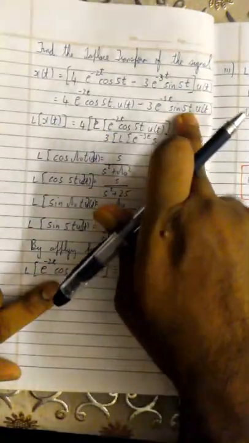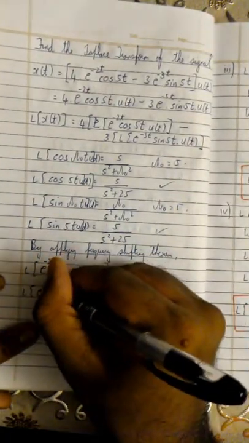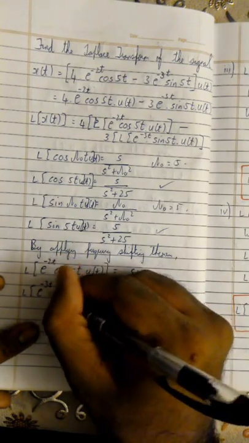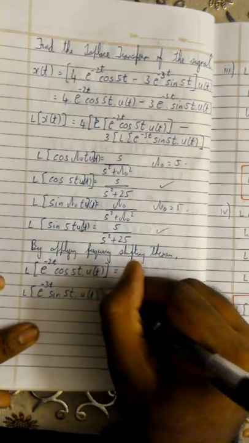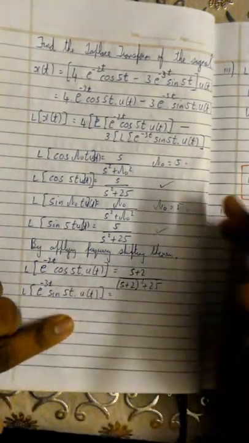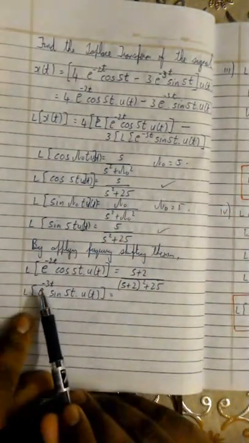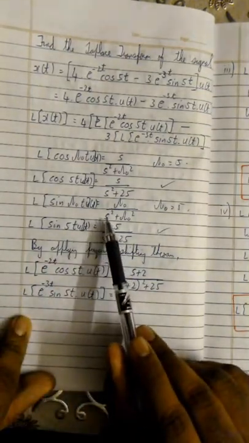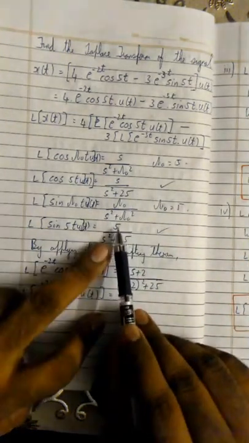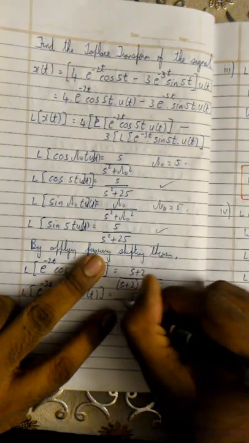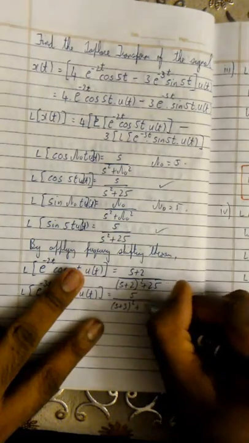The Laplace transform of the second term, e raised to minus 3t sine 5t into u of t, is nothing but replacing every s with s plus 3. Here ohm 0 is 5, so it is 5 by s plus 3 the whole square plus 25.